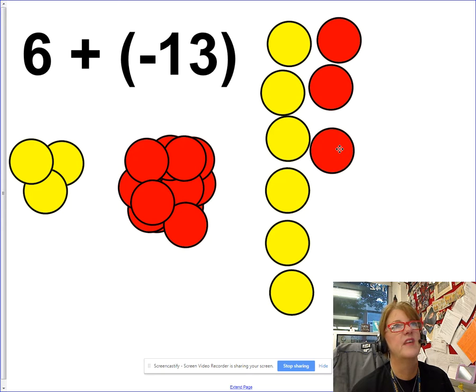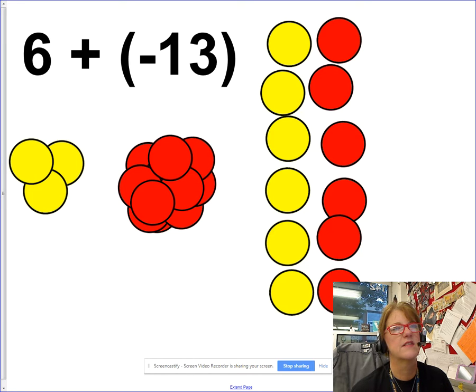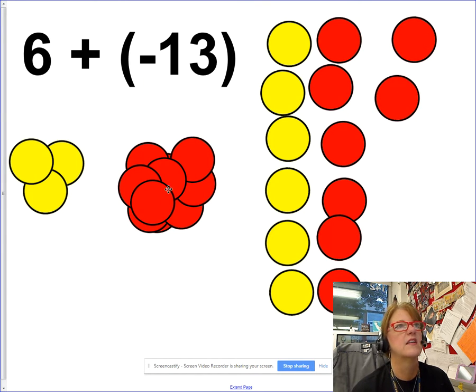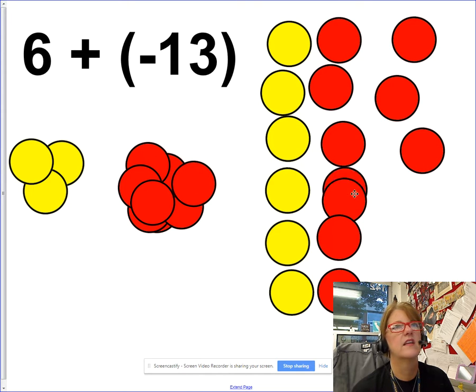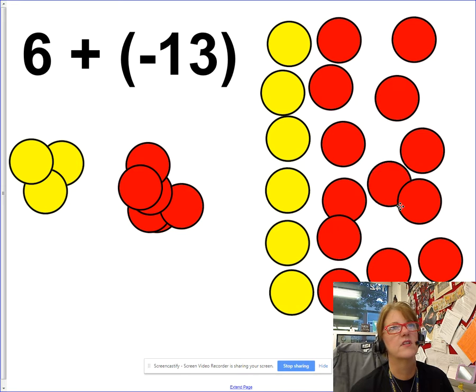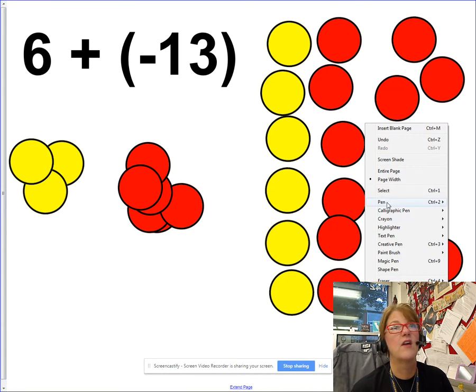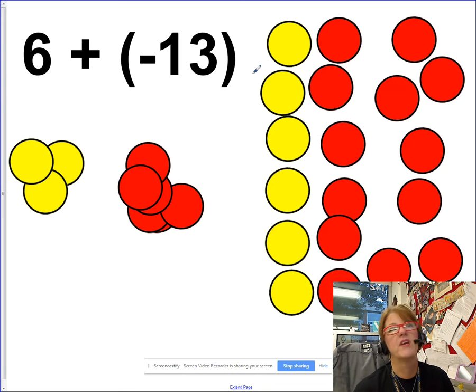Now, I've got to get a total of 13 here. 1, 2, 3, 4, 5, 6, and then 7, 8, 9, 10, 11, 12, 13. Good gravy, that's a lot. All right, now go ahead and find your zero pairs that wipe each other out.